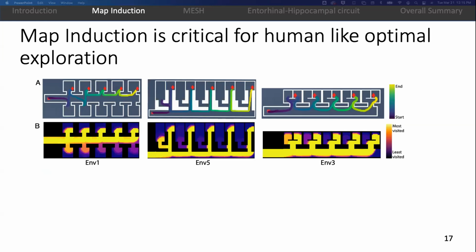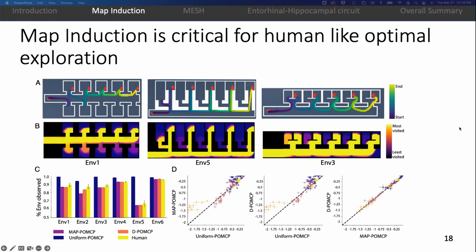So we find that map induction is critical for human-like exploration. Here in the top panel, I'm showing representative trajectories from a subject in 3 different environments. And in the bottom panel, I'm showing visitation heat maps of subjects across these environments, averaged across subjects. You can see that after traversing some part of the environment, the humans directly start going to the rooms that have the reward because of their induction process.